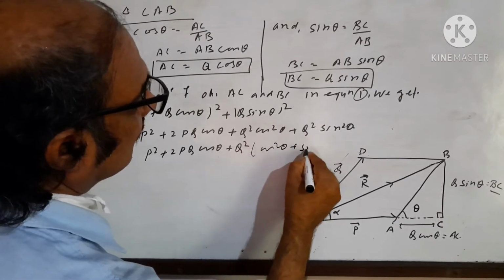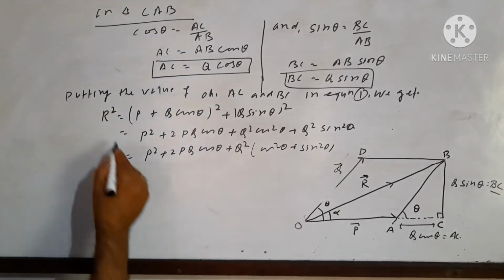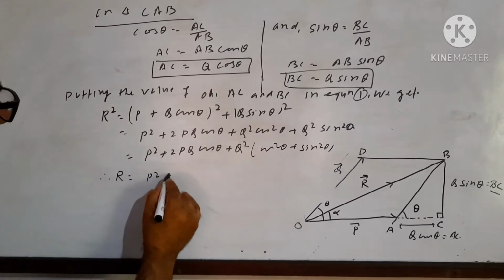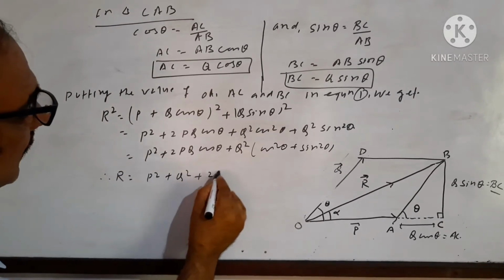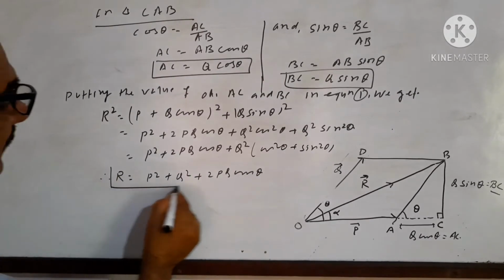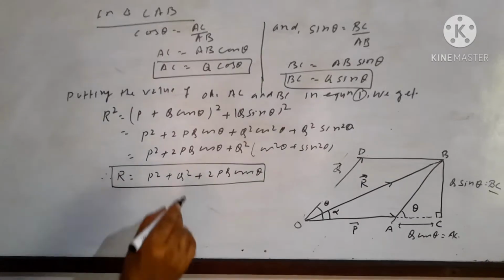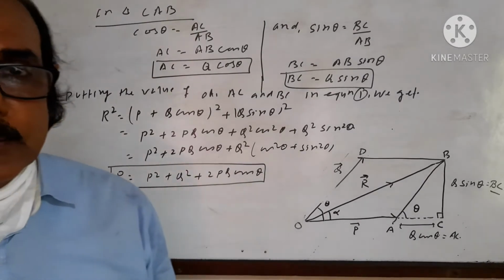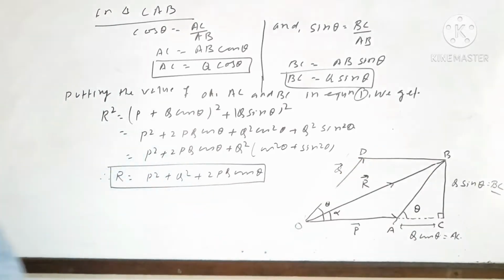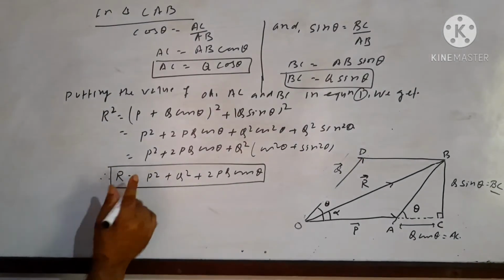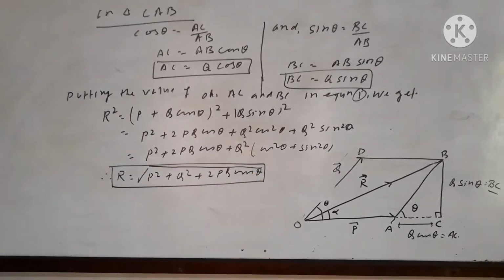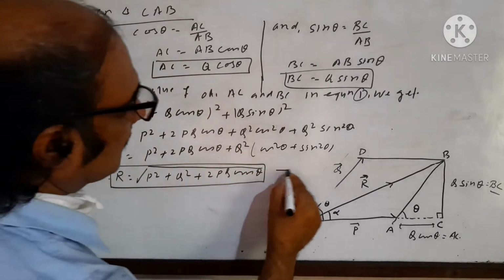Taking Q square common, cos square theta plus sin square theta equals 1, and therefore this is the expression for the resultant: P square plus Q square plus 2PQ cos theta. So when the two vectors P and Q are inclined at angle theta, the magnitude of the diagonal, the magnitude of the vector R, equals the square root of P square plus Q square plus 2PQ cos theta, and this is equation number 2.